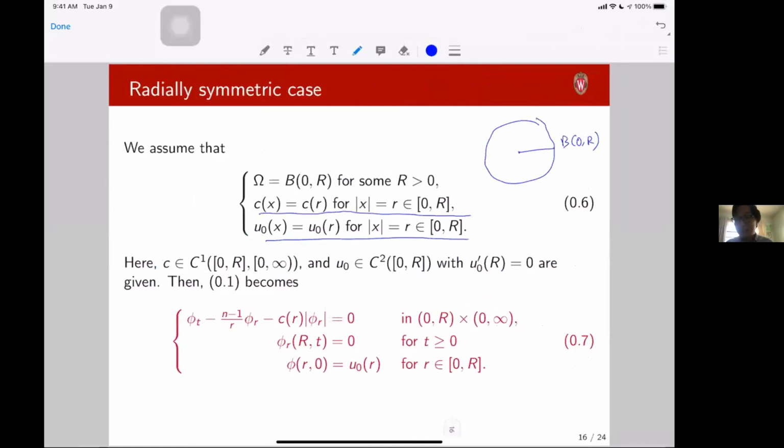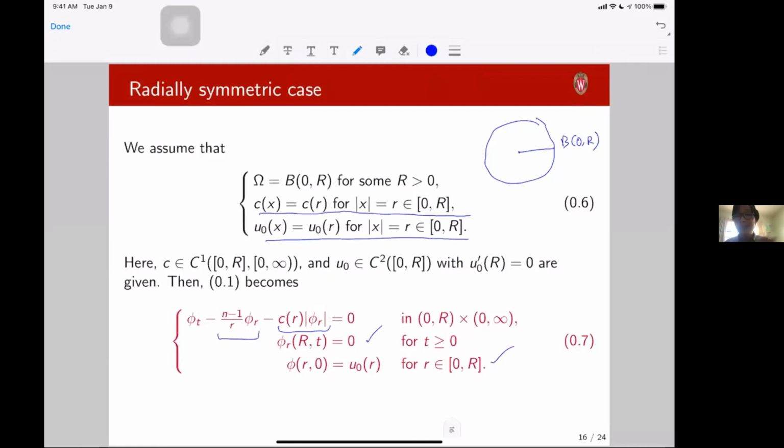Of course, also for mean curvature, when we have just a sphere, we understand clearly its behavior. Similarly here, in the radially symmetric setting, this is just the curvature term, right? N minus 1 over r, exactly the curvature. And this is the forcing term. Then we have Neumann boundary conditions and initial data.